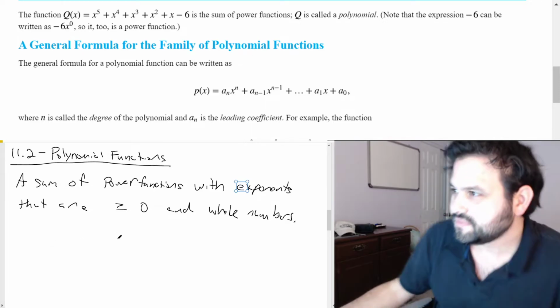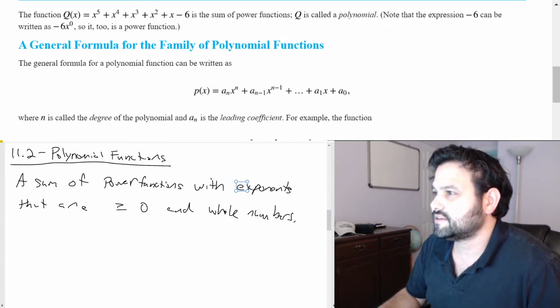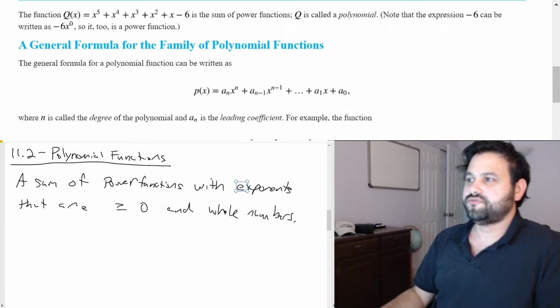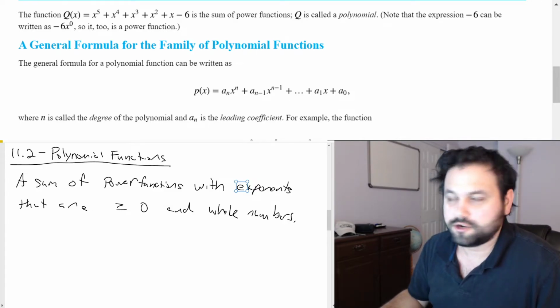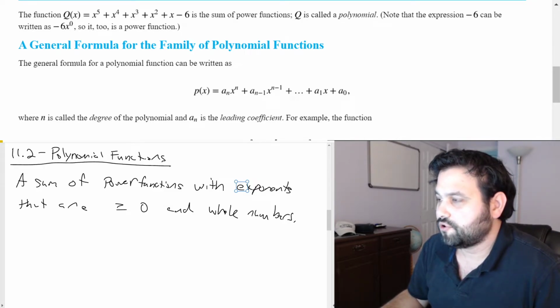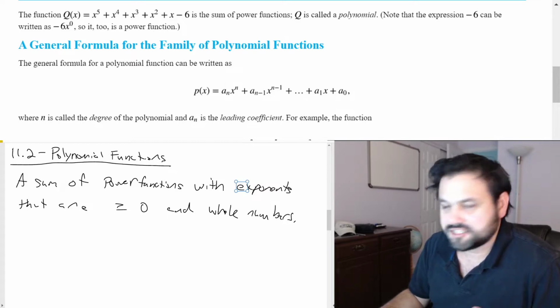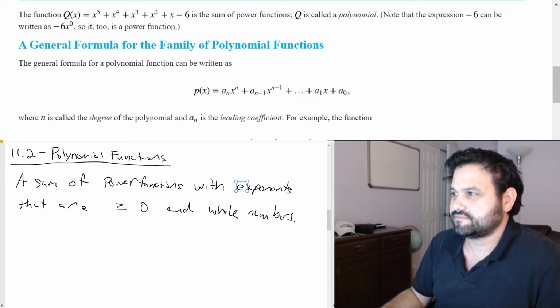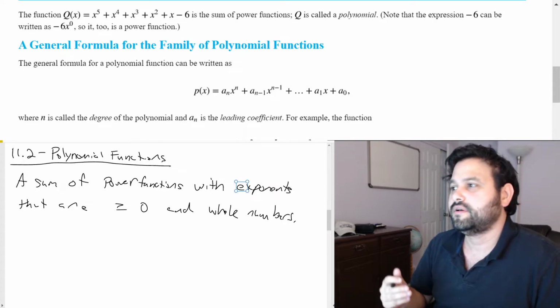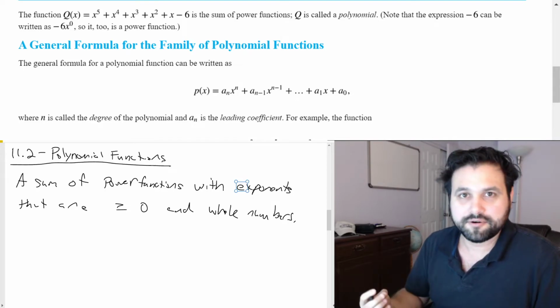So let's take a look at the book. The general form for the family of polynomial functions. The general form is this whole string, right? It's just a sum of power functions.